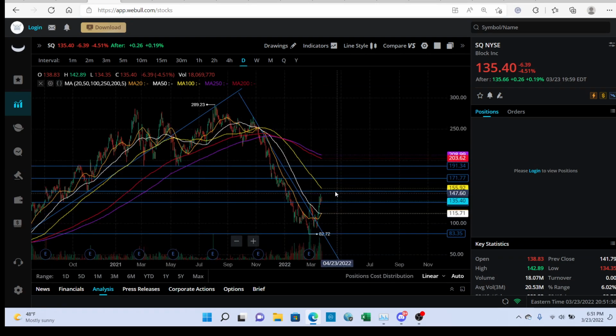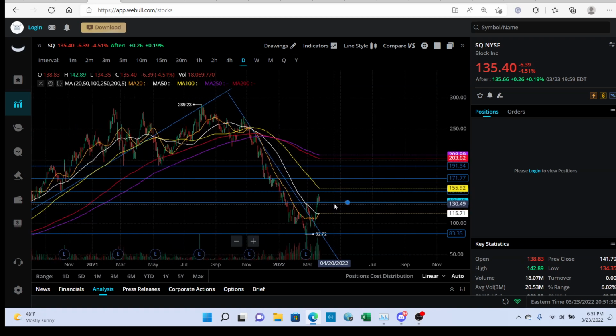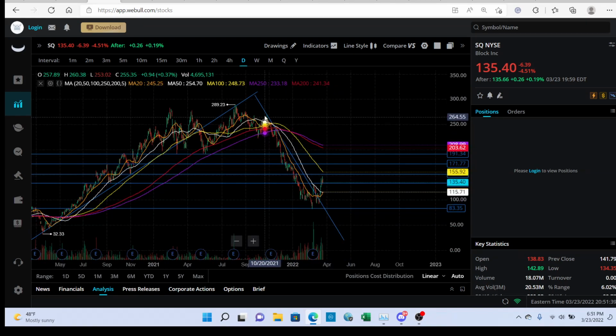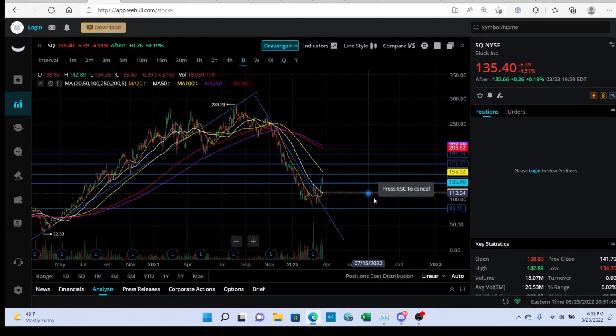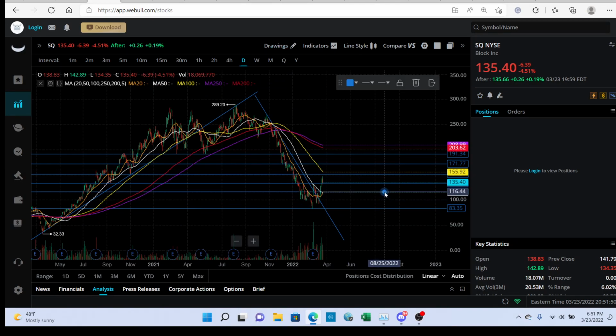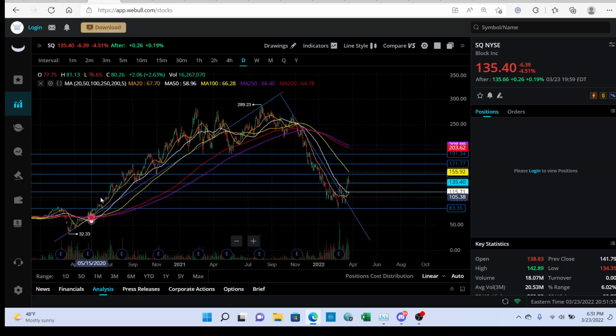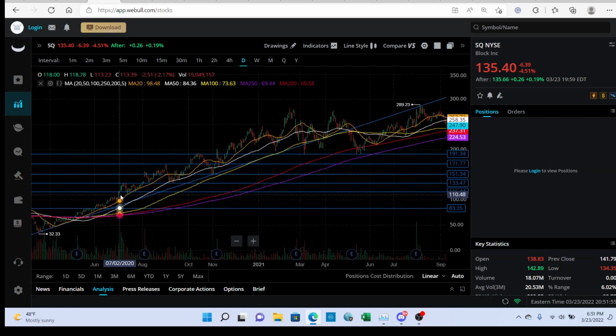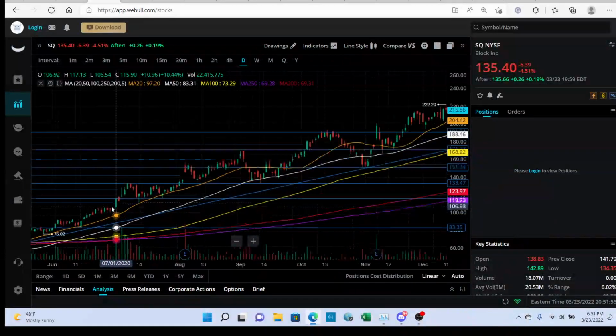But on the downside, if this move just turned out to be a false breakout, then I would think that we could revert right back to this 50-day, which coincides with this move right here. So we go all the way back here.